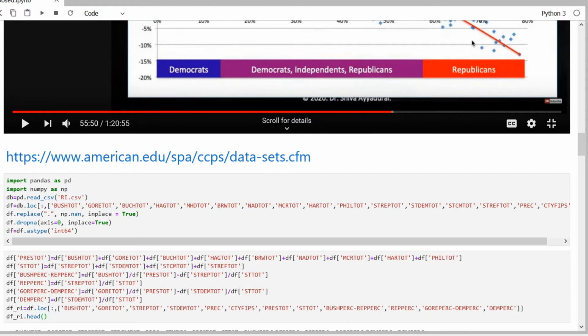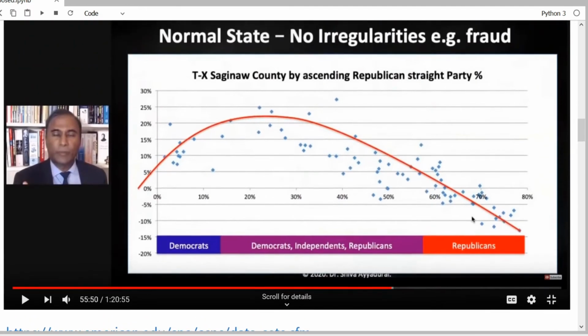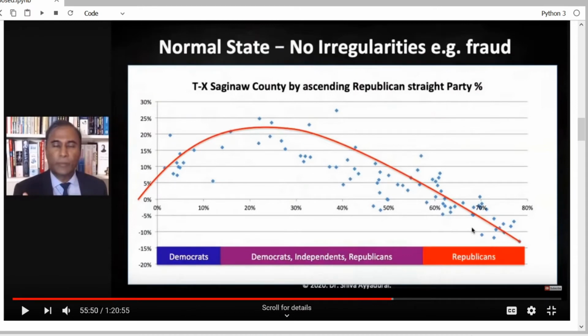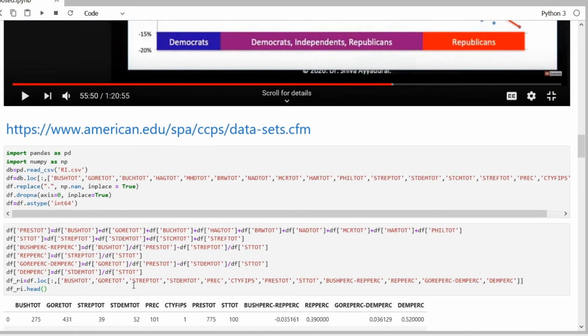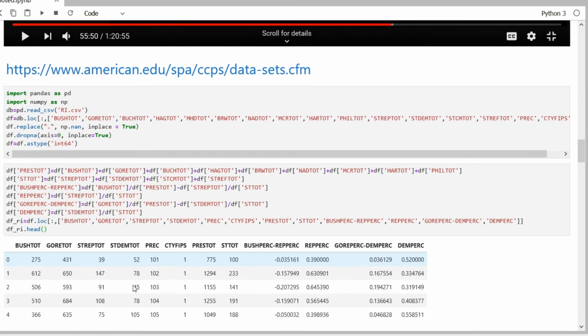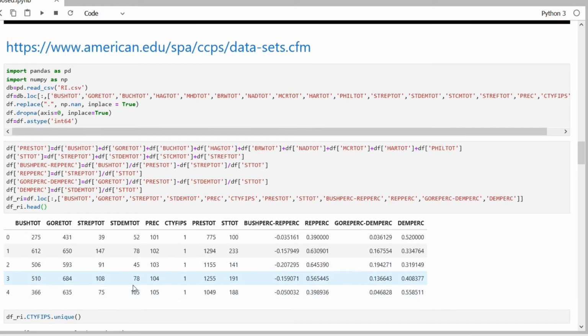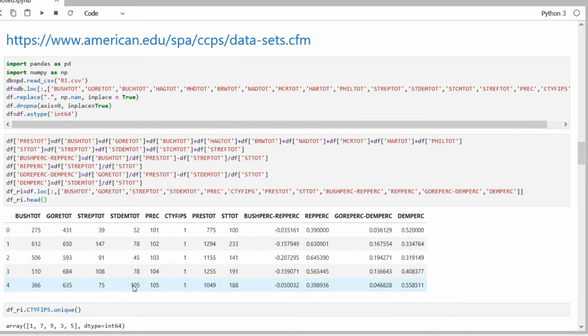It's from American University's website. It has the precincts, and it has all of that data of not only the candidates that were voted for in each precinct, but also this straight ticket voting. So I was able to make these graphs. This is actually in Rhode Island, because apparently in 2000 you could do straight ticket voting in Rhode Island.